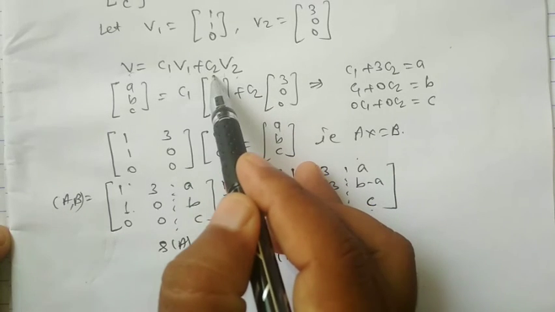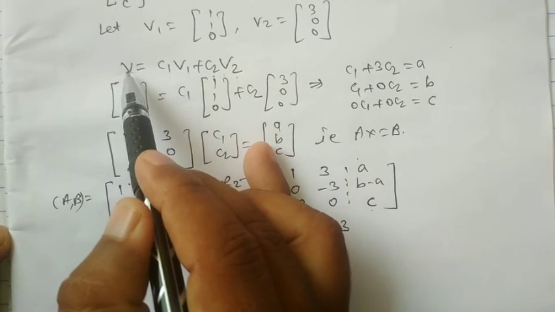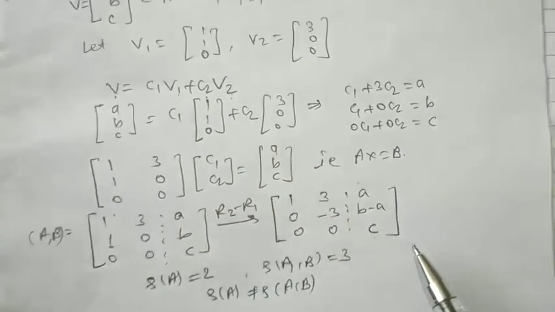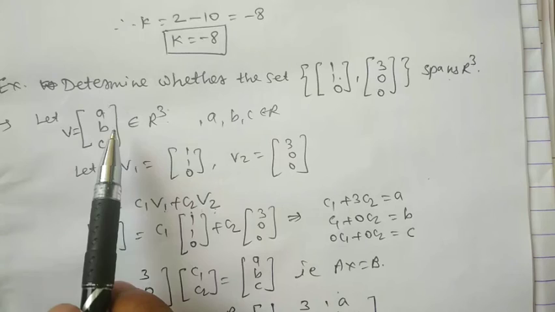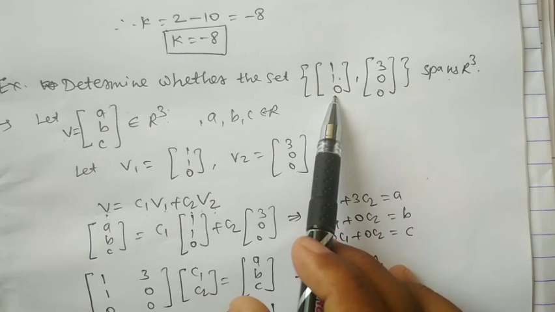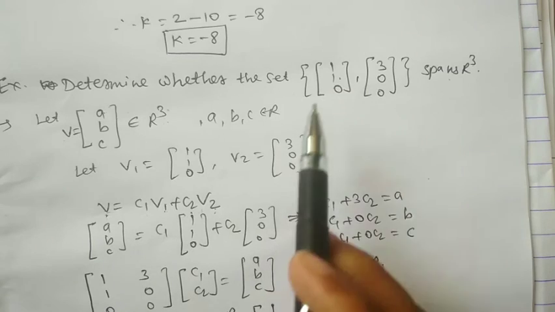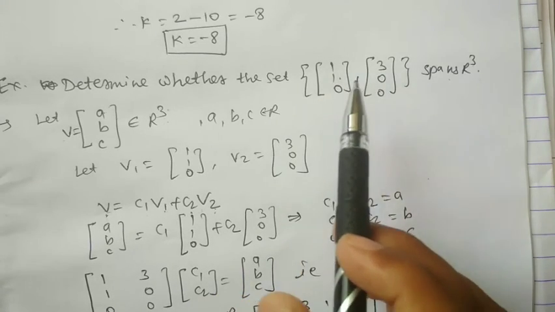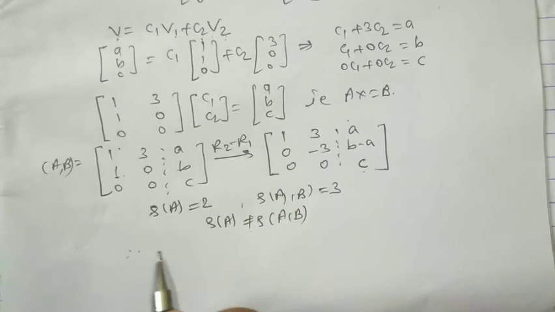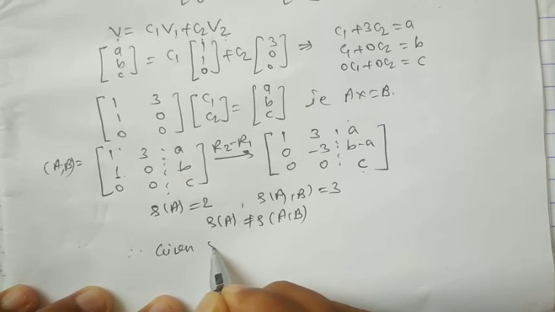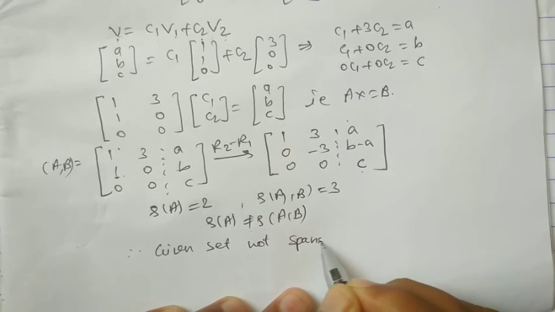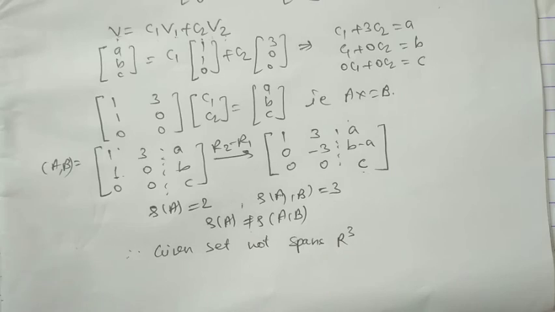So we are unable to write any vector A, B, C from R cube as a linear combination of these two vectors. That means these two vectors do not span R cube. Therefore, the given set does not span R cube. This is the solution.